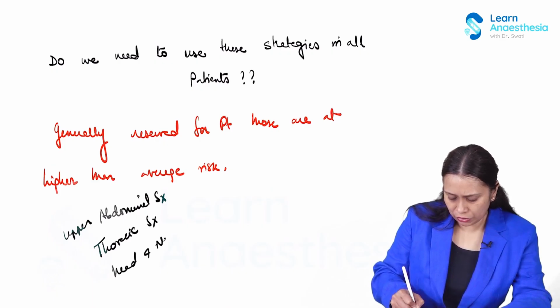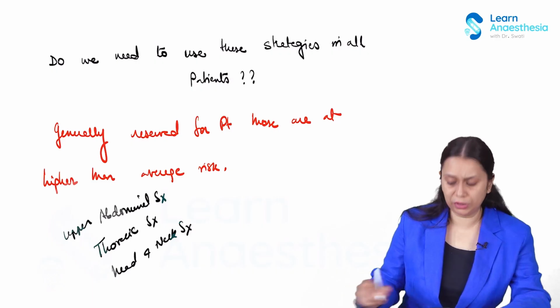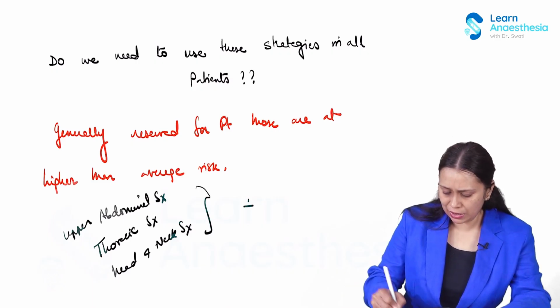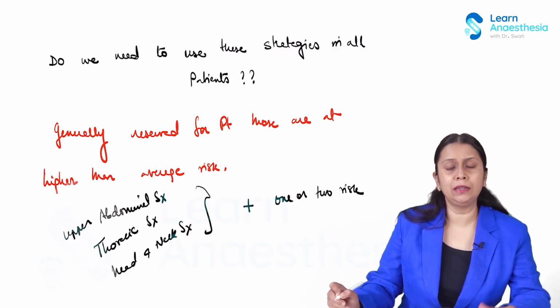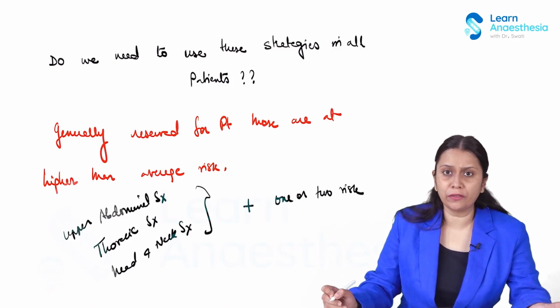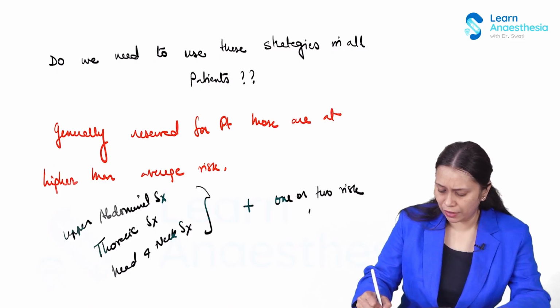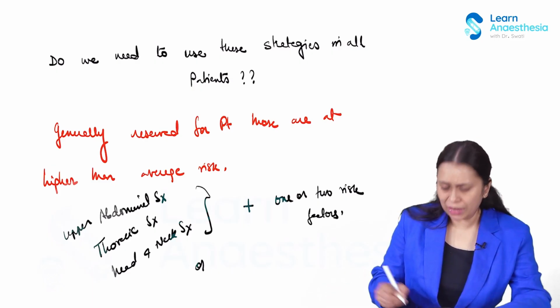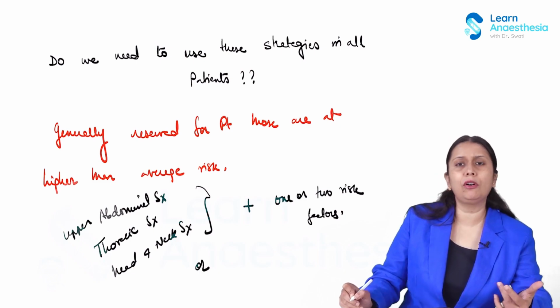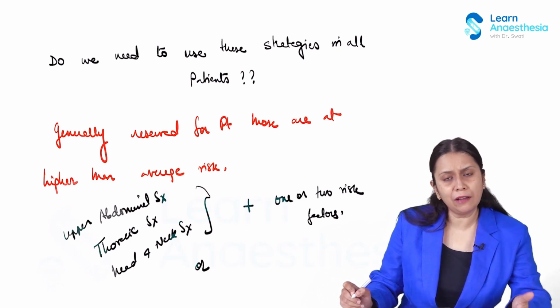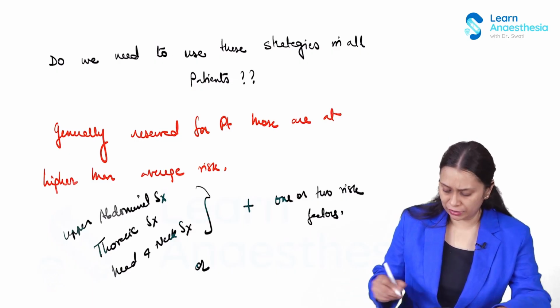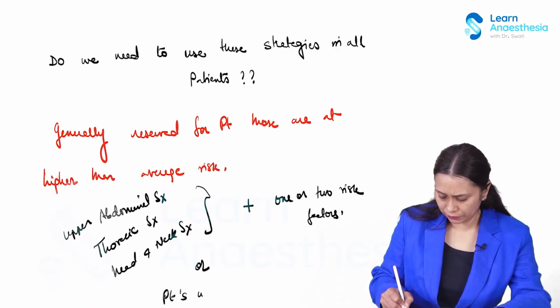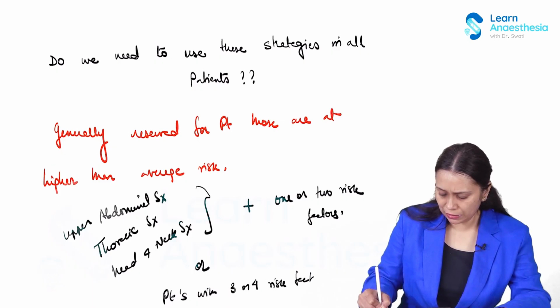These surgeries increase the risk of post-op pulmonary complication, and if the patient has 1 or 2 risk factors, they have high chances of developing post-op pulmonary complication. So in them we need to practice these strategies, or we need to practice the strategies in patients who are posted for low risk surgery but have 3-4 major risk factors. So patients with 3 or 4 risk factors for developing pulmonary complications.